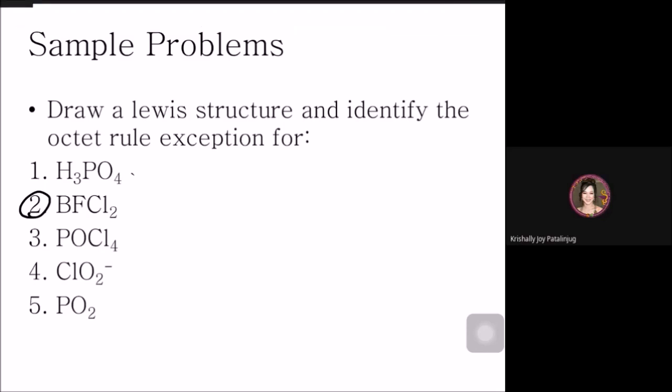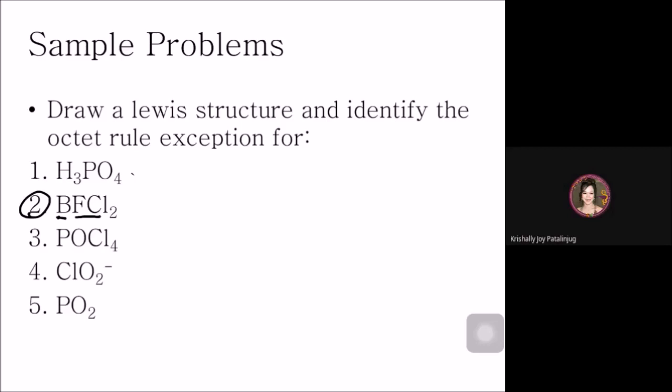So, dito naman, sino ngayon ang magiging central? Sige, analyze natin. You have boron, then halogens. And we all know halogens are found on the right side ng periodic table. They are non-metals. Okay, and as a non-metal, somehow they have that high electronegativity property.